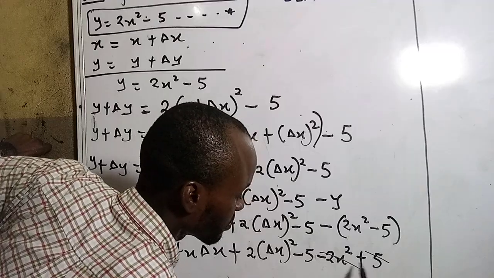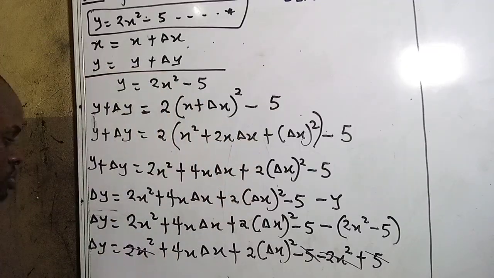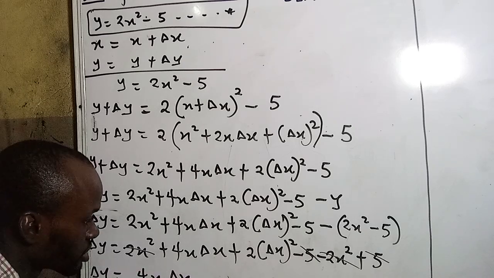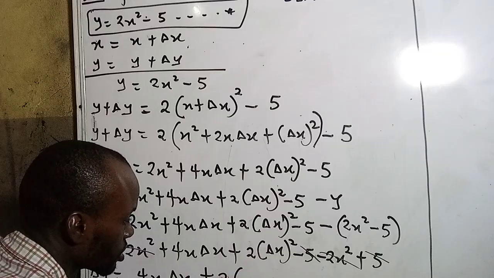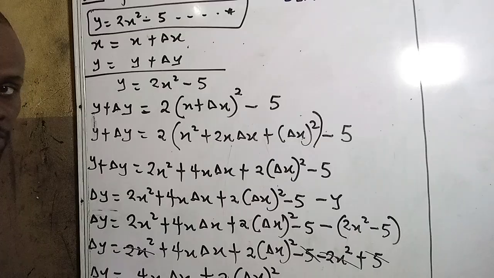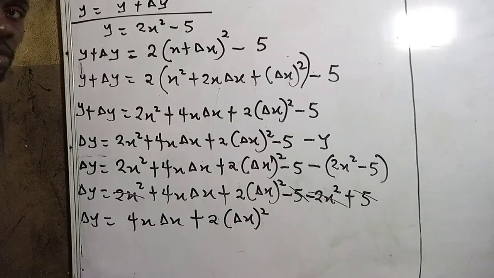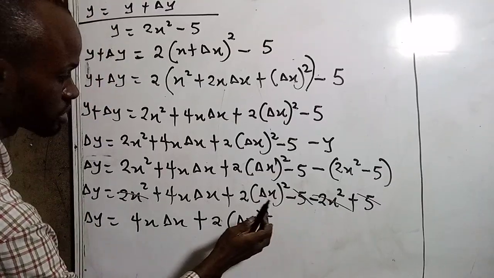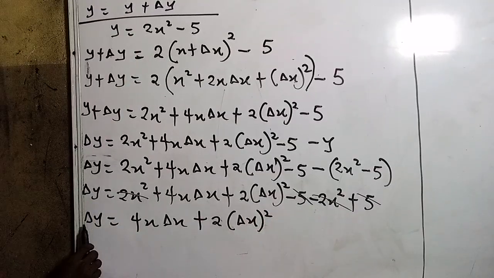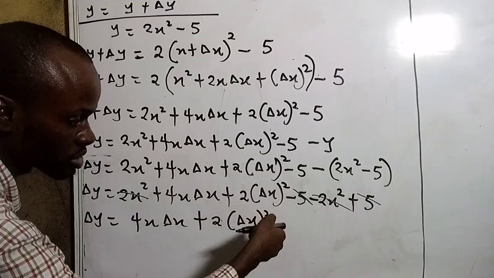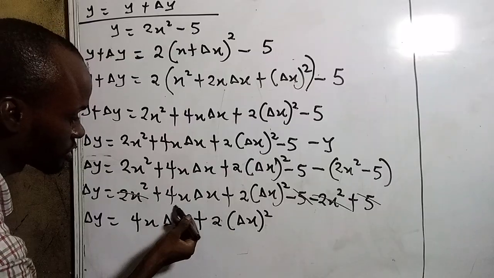Plus 5 minus 5 too is out. So what we have left, we have dy equals 4x dx plus 2 into bracket dx all squared. Since this has taken care of this, the minus 5 has been taken care of. So this is the other expression.